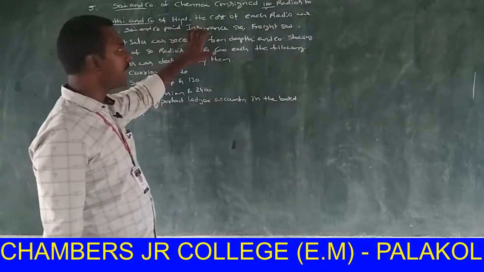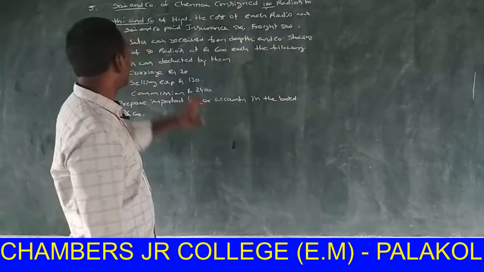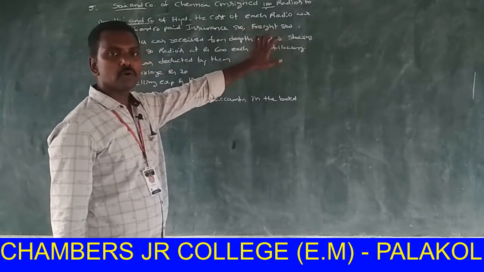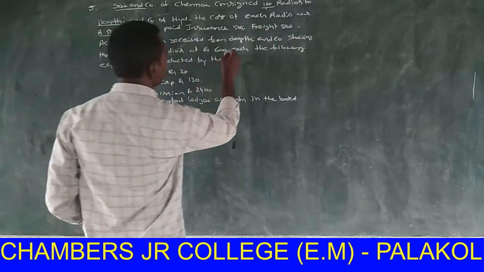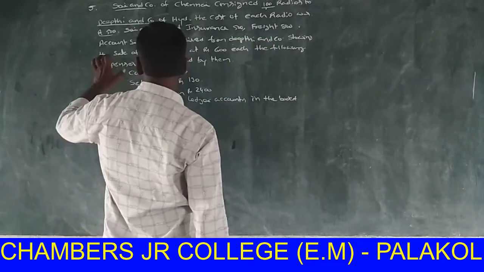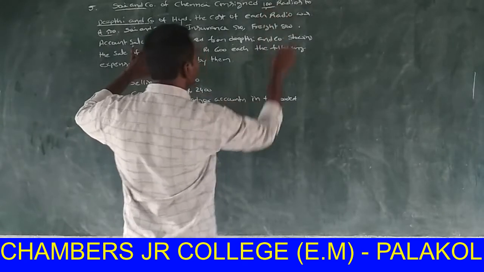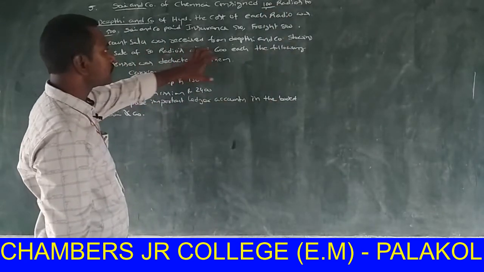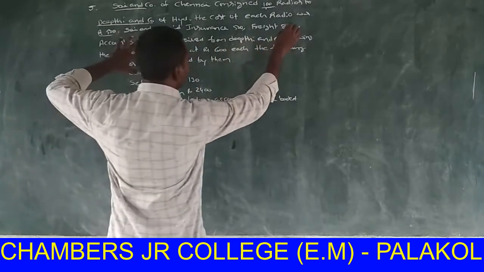Sai and Co paid insurance 500, freight 800. Here the expenditure of consignor is 500 plus 800, 1,300. Account sales was received from Deepti and Co, showing the sale of 80 radios out of a total of 100, each at rupees 600.